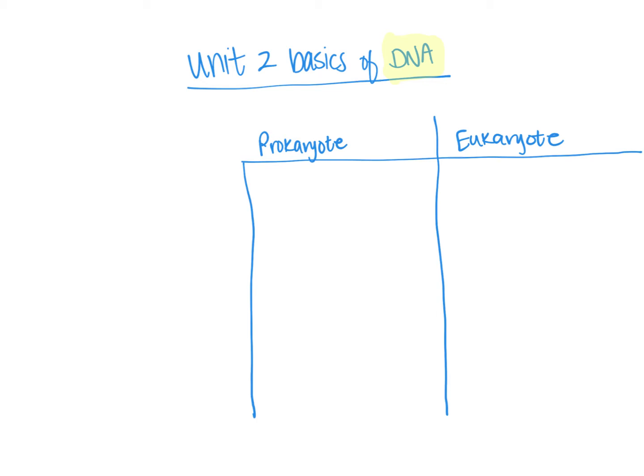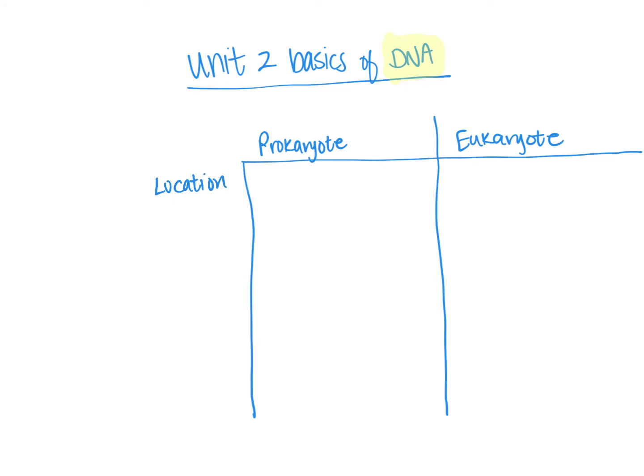In both eukaryotic and prokaryotic cells, both of them store their genetic information as DNA. So that's something they have in common. Both of them store their genetic information as DNA, but the structure of that DNA and the location of that DNA is what's different. So let's start with the location of the DNA, because that's one of the biggest defining features of a prokaryote and eukaryote.